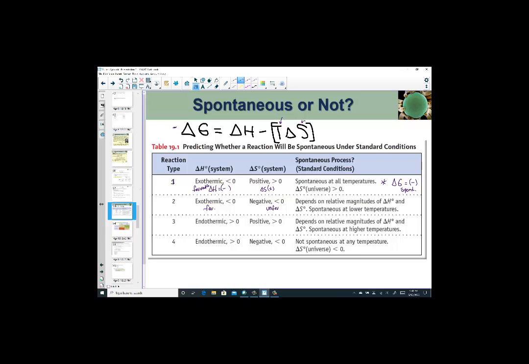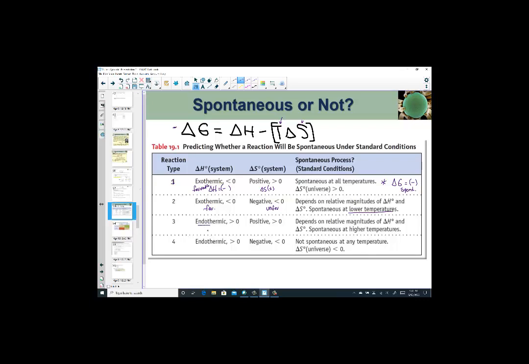So we want to think about lowering the temperature, very low temperatures, to create a spontaneous or favorable Gibbs free energy. Now that tells me that if the system is becoming more organized, I don't want that to be a large factor in determining the sign on delta G. You want to minimize that, and that happens with low temperatures.